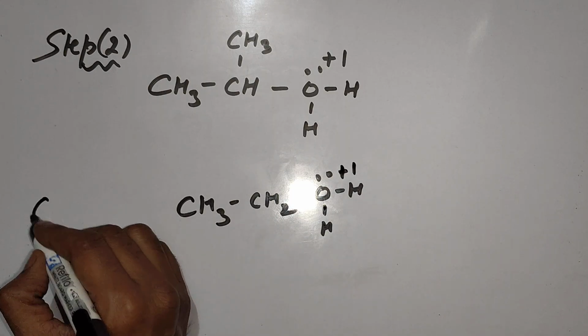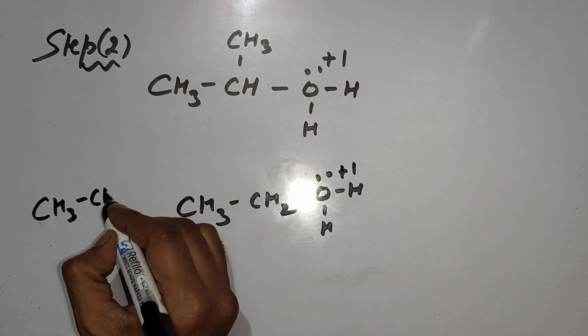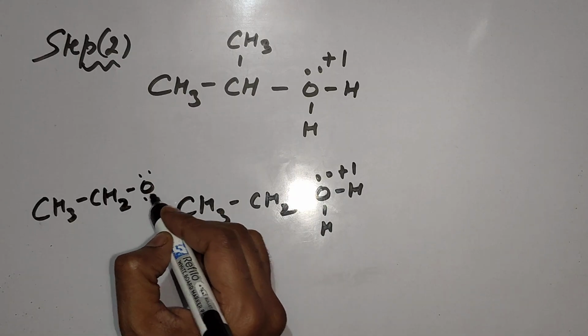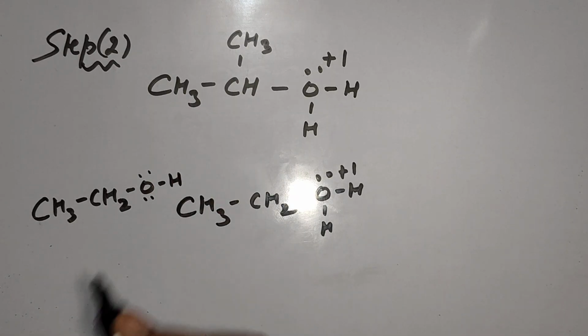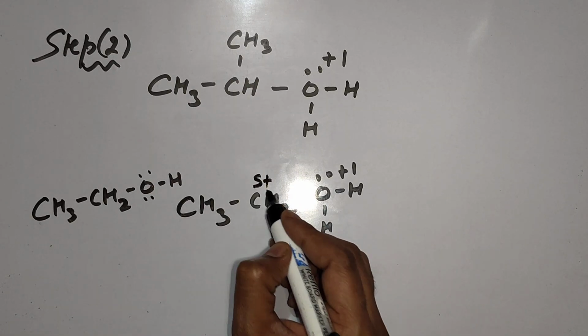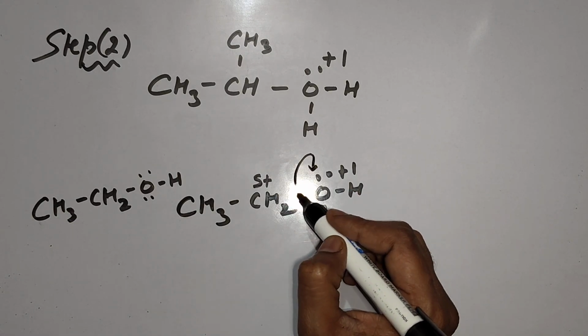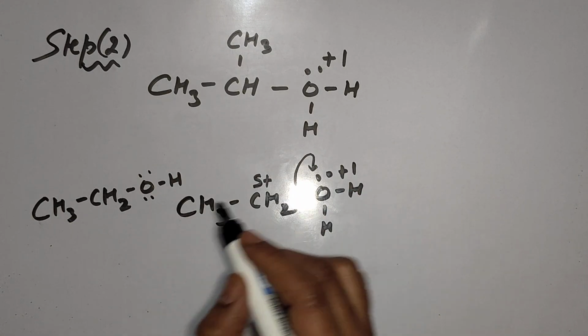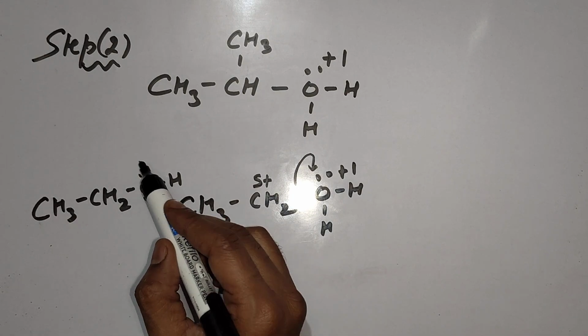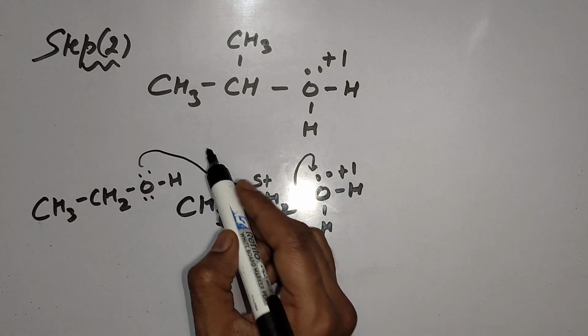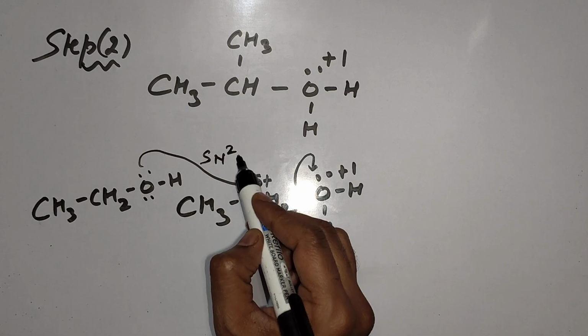In step 2, this 1 degree protonated alcohol was attacked. This carbon is carrying a positive charge because O is highly unstable, trying to break the bond from it, so carbon is highly positive. The second molecule of ethanol attacked this carbon. The mechanism was SN2.